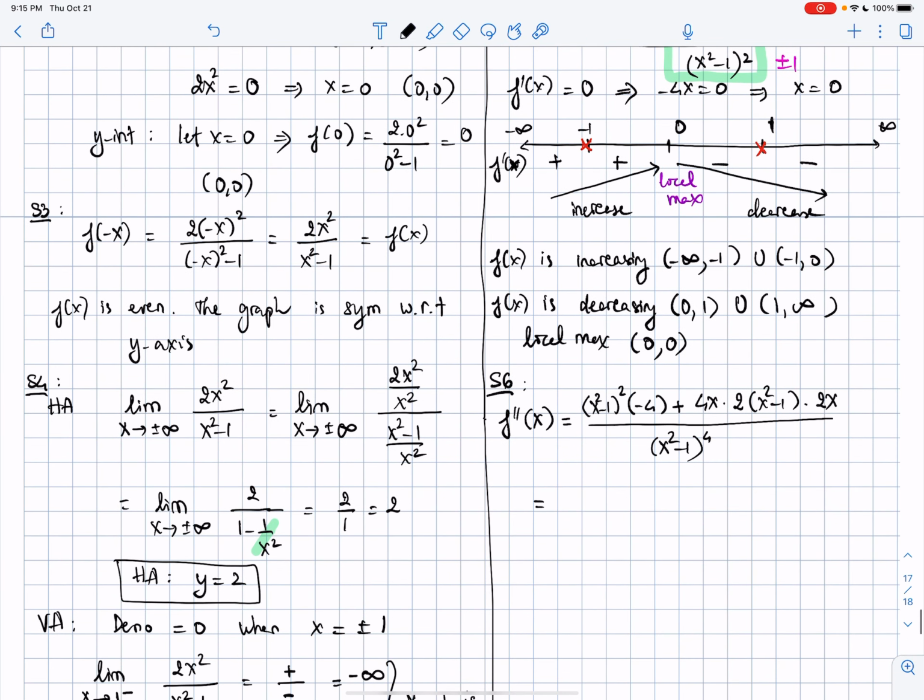We will factor out the x squared minus 1 because I saw the x squared minus 1 in the bottom. Okay, so x squared minus 1 is here and x squared minus 1 is here. So they are common. So what we have is negative 4 times x squared minus 1 left, plus we will get 16x.